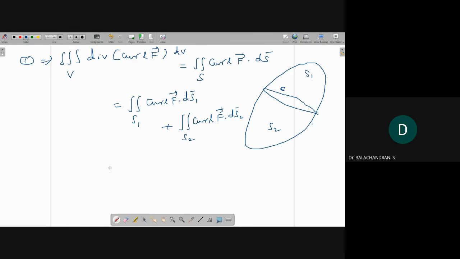Now you should use Stokes theorem. How do you use Stokes theorem here? I will write the line integral over C. So this is nothing but the integral over C of F vector dot dr vector. Is it correct? Yes, sir. Plus similarly, this is also the integral over C of the same F vector dot dr vector, by Stokes theorem.